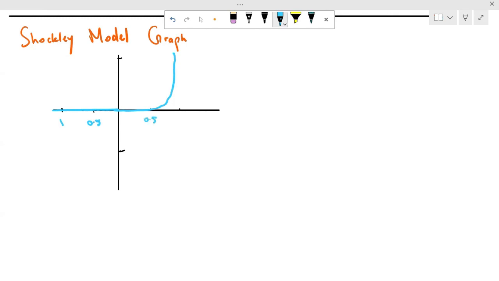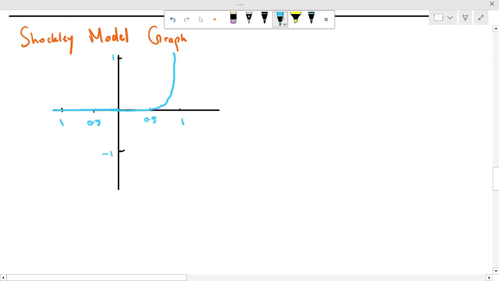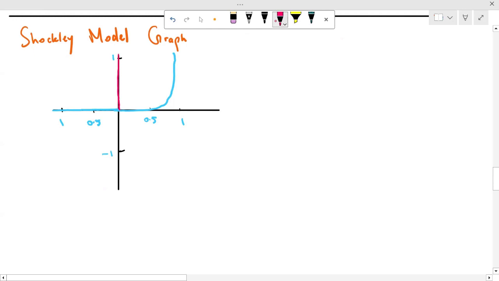And after passing 0.5, it starts to go up. Now, as you can remember, in the previous graph, it looked something like this. However, that was the ideal diode, which is unrealistic. Whereas in the realistic diode, it is most probably going to look like this, which is represented by the Shockley model graph.